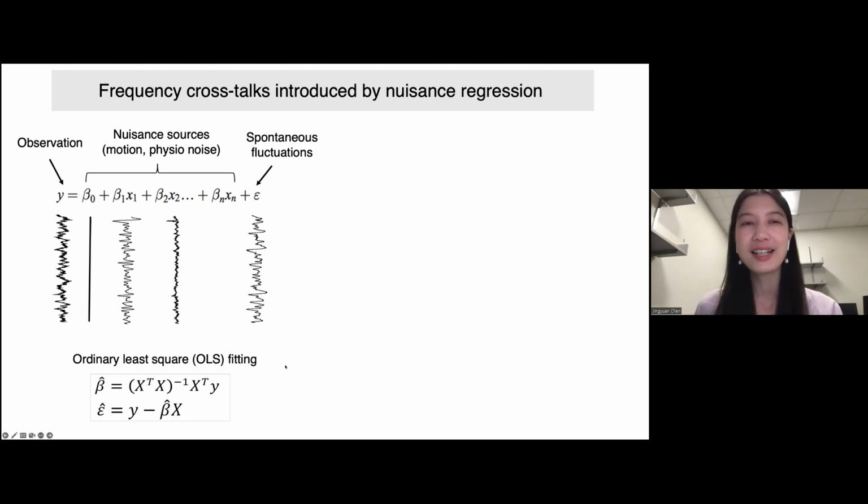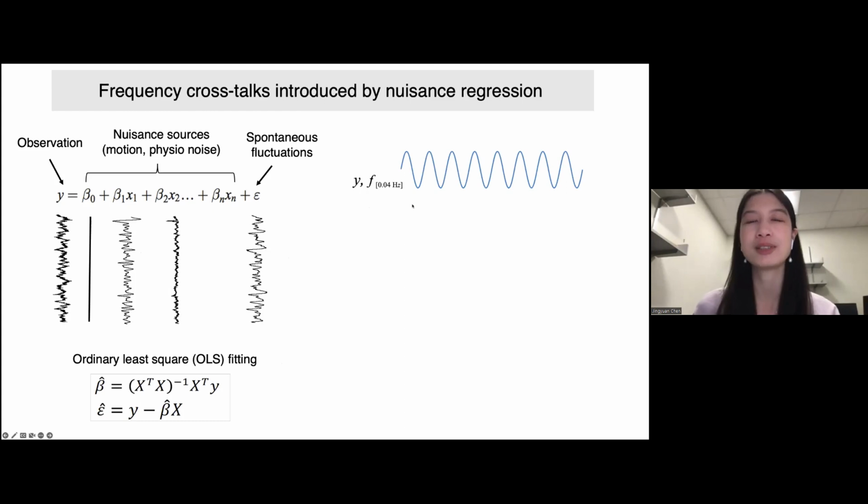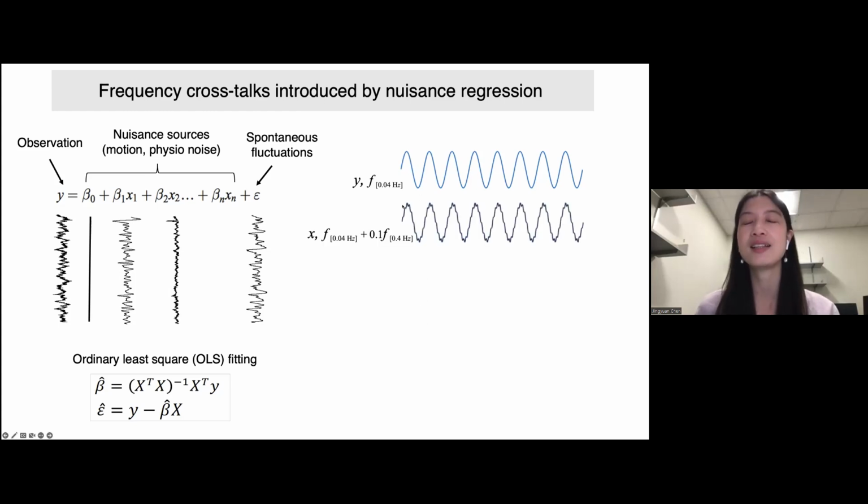But the caveat here is that this may introduce frequency crosstalk in your data. This is just a toy example. Let's imagine your observation doesn't have higher frequency components, only a slow oscillation at 0.04 hertz. And then in your nuisance factor, you actually have some high frequency components at 0.4 hertz. You can see those high frequencies riding on top of the slow oscillations here.